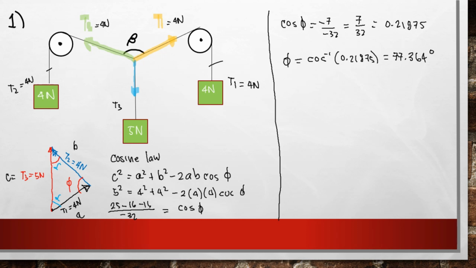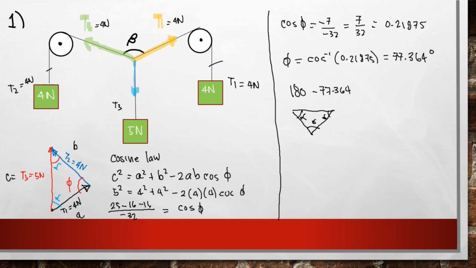Now, if that is our phi, and we know that the sum of the interior angles of a triangle is equal to 180, so ano po ang sasabihin natin? 180 and then minus 77.364. Ito po yan. I'm referring to this triangle. So this is phi, this is alpha, this is alpha.